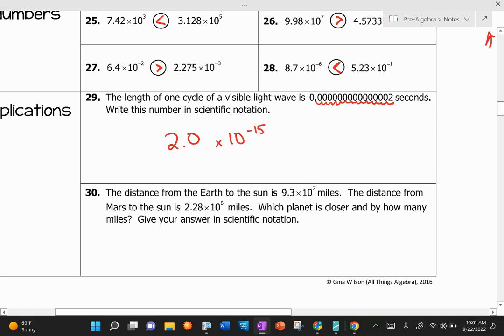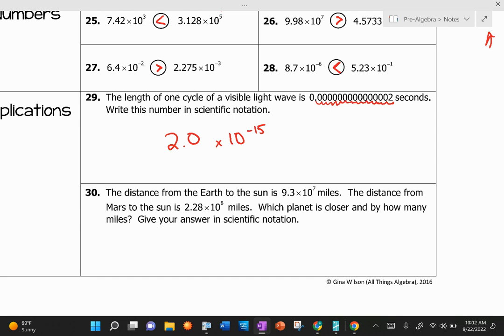Guys, on 29, you just got to be careful that you count very closely. I had to count it 3 different times just to make sure because there's a lot of zeros there. If you happen to pick number 30, you definitely picked the more complicated number.